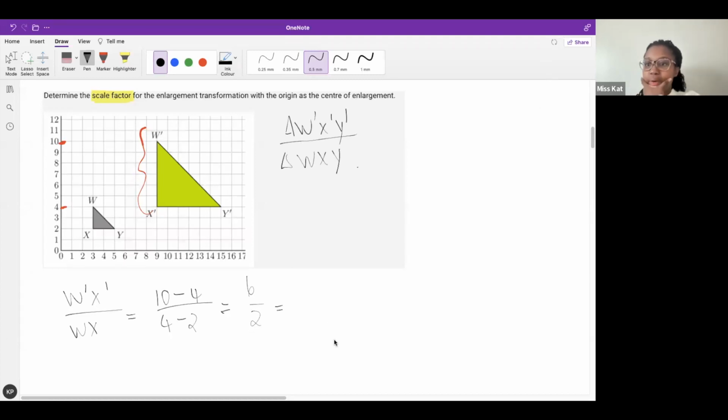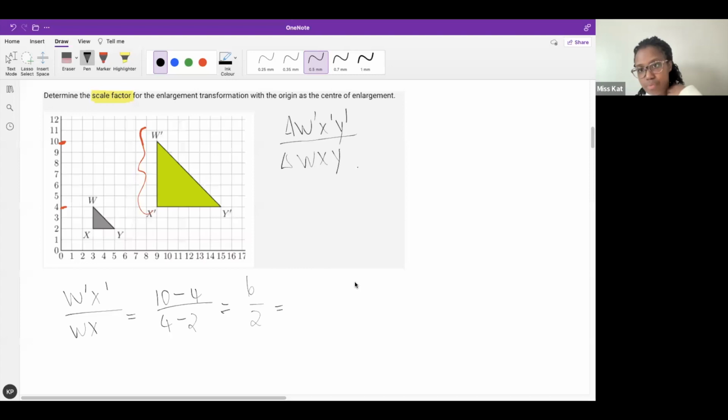Yes, Chi-Chi? I just want to ask a question real quick. If we want to find how big it is, we have to count how many blocks it took to get the enlargement. Like the green one, I counted the blocks: 1, 2, 3, 4, 5, 6.